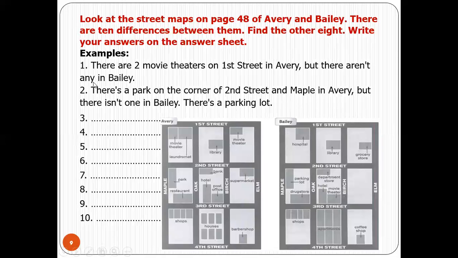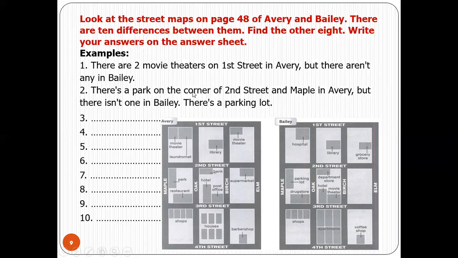So here, the two examples have been done. For example, you see there are two movie theaters on First Street in Avery. You see one theater, another one, in Avery. So again, there are two movie theaters on First Street in Avery, but there aren't any in the Ballet block.